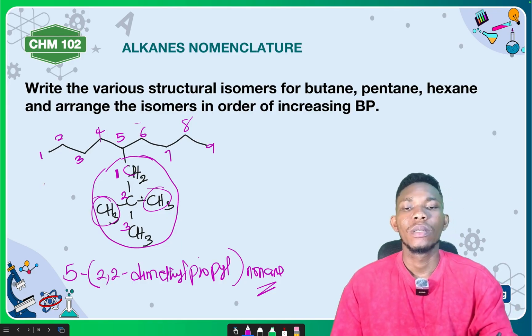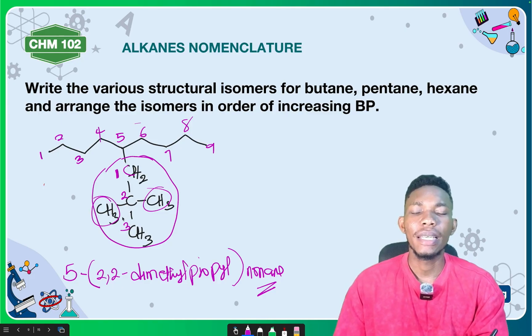So that is that. For iso, you consider the alphabetical order.